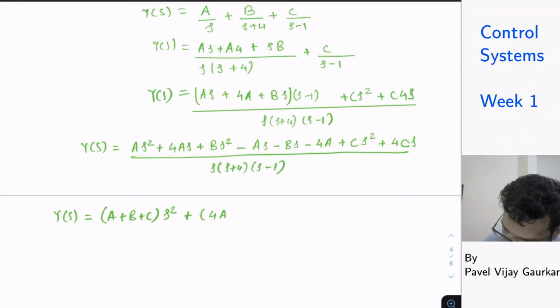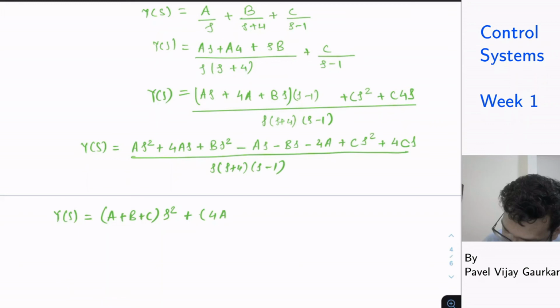All right. So comparing the coefficients here, we only have a constant term. Everything else is 0. So the quadratic term, s square term, is a plus b plus c. This has to be 0.